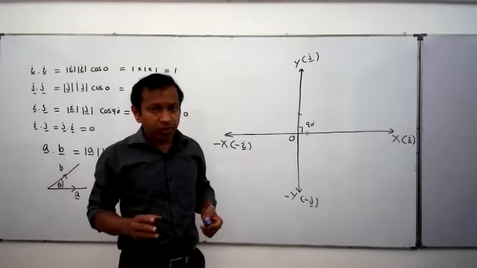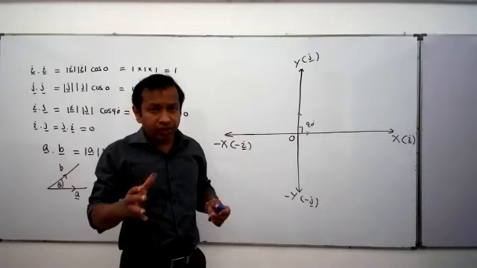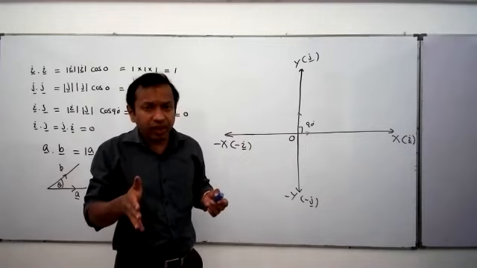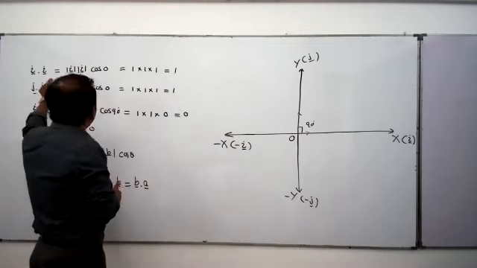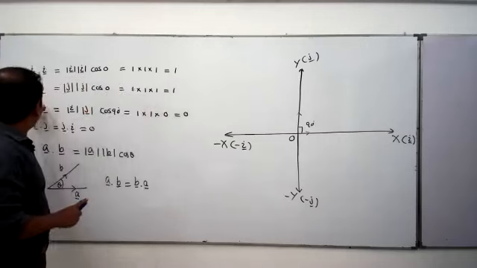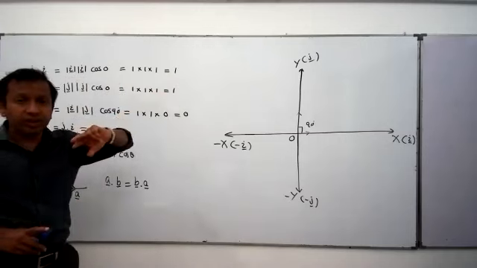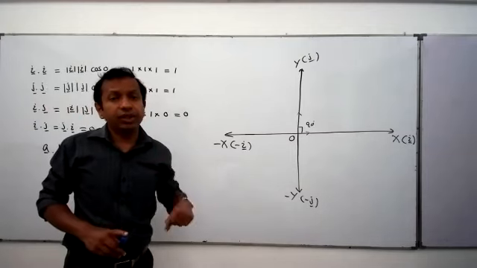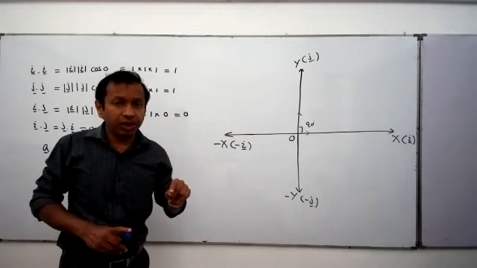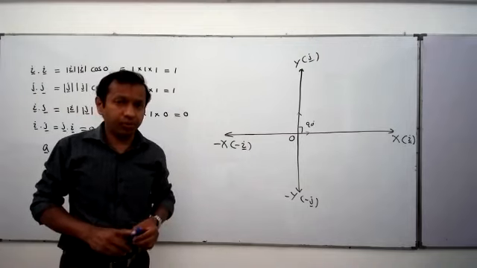This says, people, when you take the dot product between the same vectors, i and i, j and j, here i dot i is 1, j dot j is also 1. Then when we take the dot product between two different unit vectors i and j, i dot j or j dot i both equal 0.